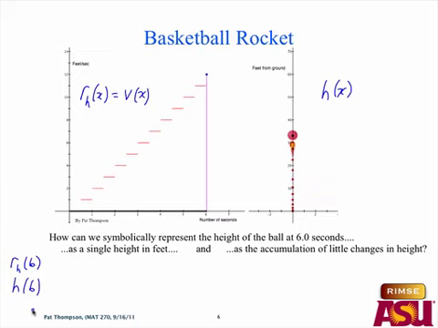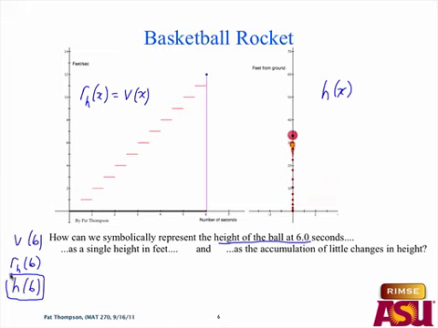Marcus, V of 6. V of 6. What are we representing? Height of the ball at 6 seconds. What's that? It should be H6. Christina wants H of 6. Yeah, H of 6. Right?